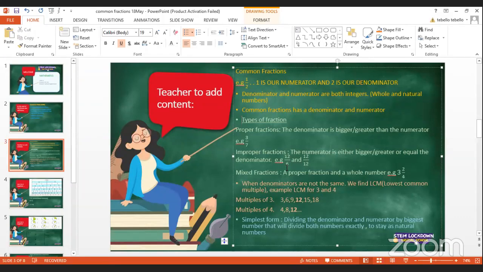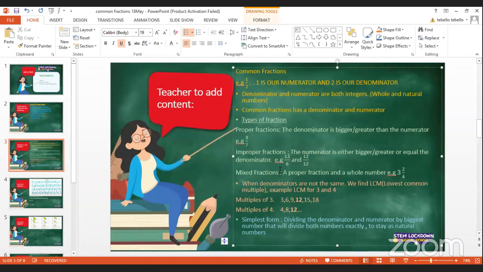The denominator is 6, which is smaller than our numerator, which makes them improper fractions. In improper fractions, the denominator and the numerator can also be the same. For example, here we have 12 over 12.